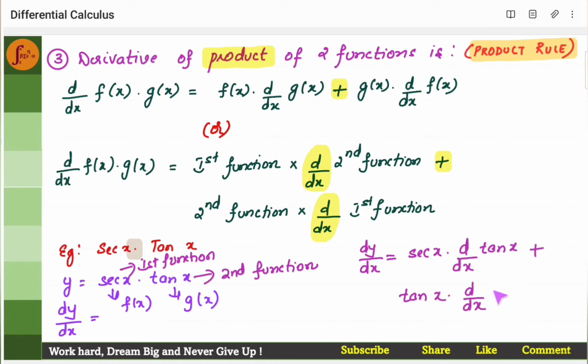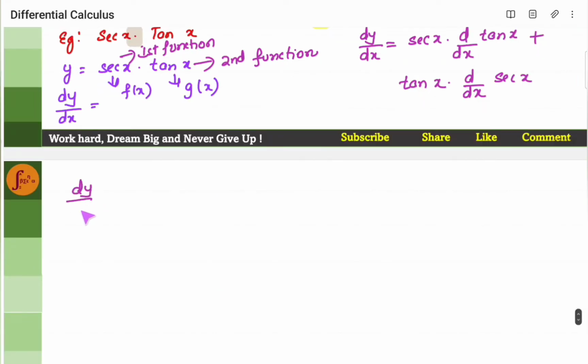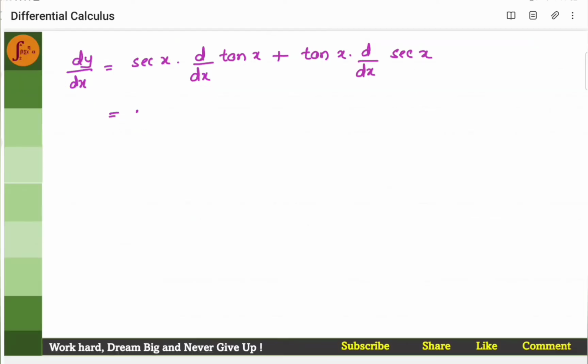What is first function? Secant x. So it's going to be dy by dx is equal to secant x into d by dx of tan x plus tan x into d by dx of secant x. So we'll just write secant x like this. What is derivative of tan x? It is secant square x.